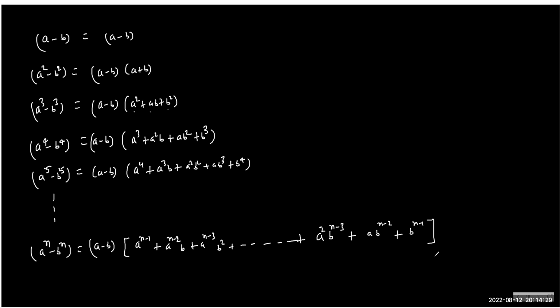Now, what is the takeaway from this particular mathematical discussion? The takeaway is A power n minus B power n is always divisible by A minus B. It is a perfect integer, because it is perfectly divisible. It is A minus B into some number, so I can divide.